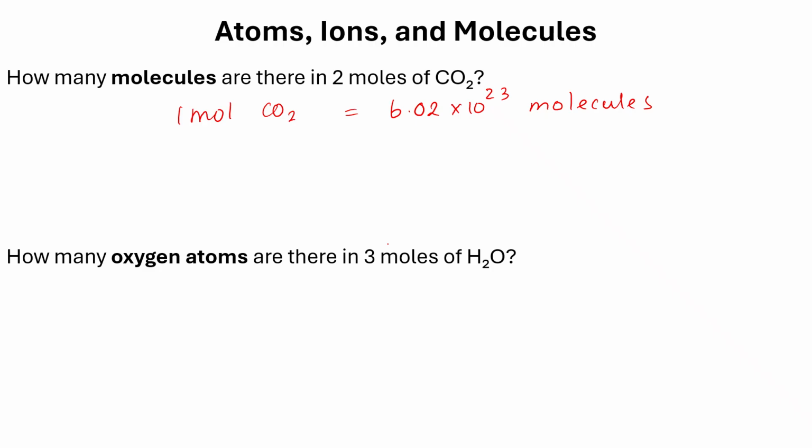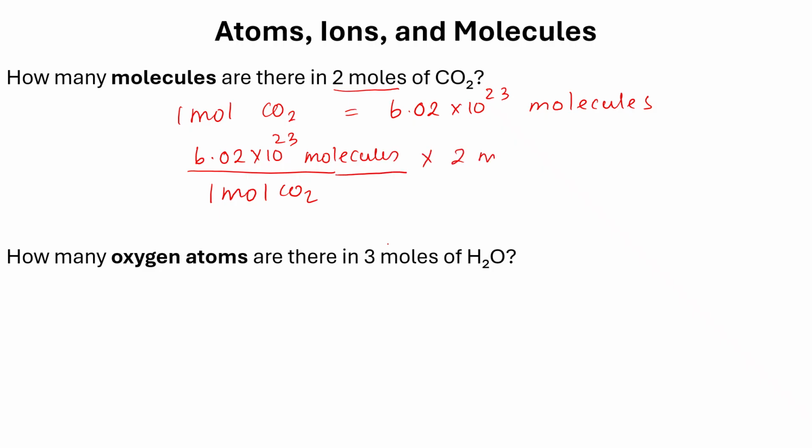We have 2 moles given and are asked to calculate how many molecules there are. So 1 mole of carbon dioxide contains 6.02 × 10^23 molecules, and we multiply that by 2 moles of carbon dioxide.